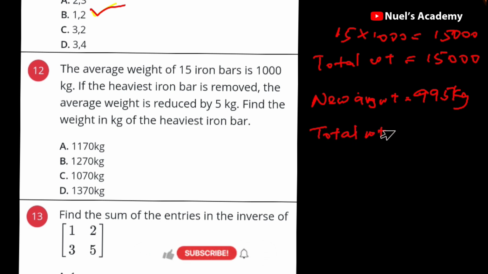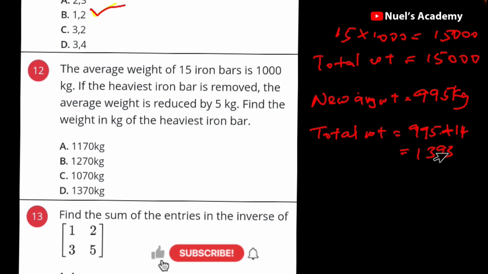So the total weight of that 14 bars is equals to 995 kg times 14. So just like we did here, 15 times 1000, now we're doing 995 kg times 14. So this is going to be equal to 13,930 kg. So this is the total weight of the 14 bars.